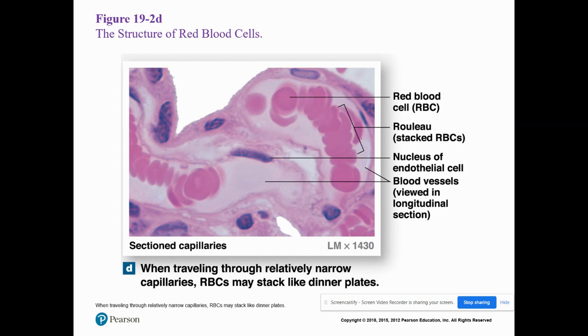They stack up like plates, like in this little stack, so they can get through these little tiny capillaries. They look ginormous here, but these are sectioned capillaries, and they are magnified by a factor of 1,430. So they're just showing you how they get through.